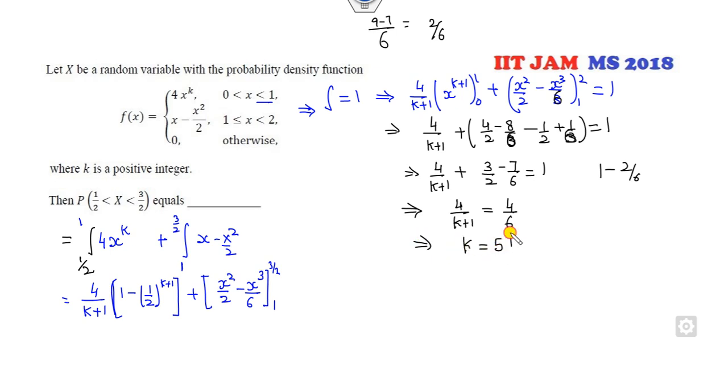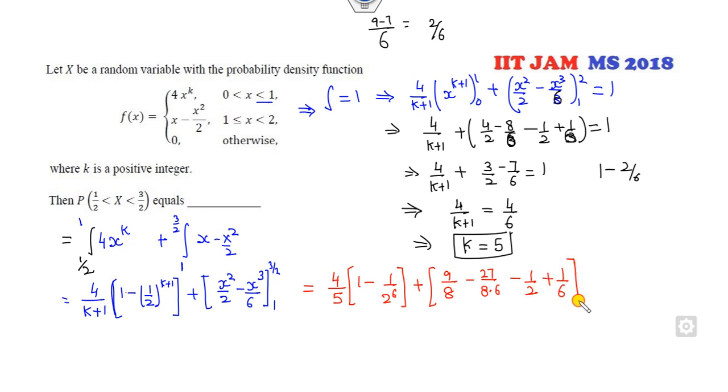So what is the value of the k? k is my 5. So once you know k is 5, I can substitute here. So 4 over 5, 1 minus 2 raised to power 6, plus it's 9 over 4, 8 minus 27 over 8 into 6, minus, I can substitute the lower limit, minus minus plus 6.